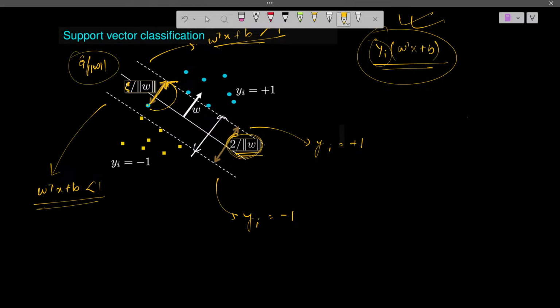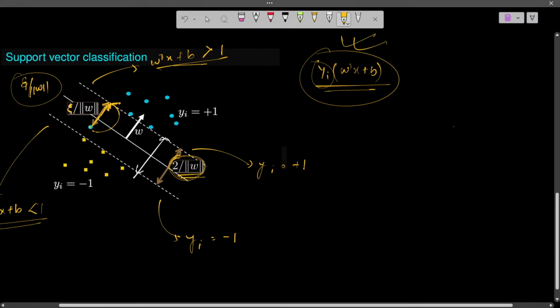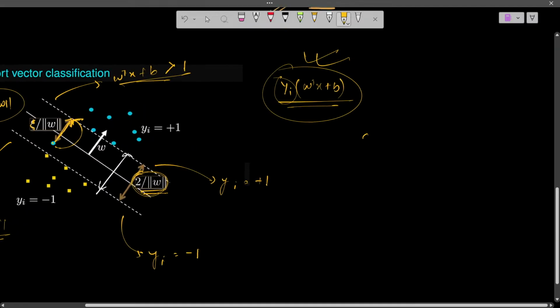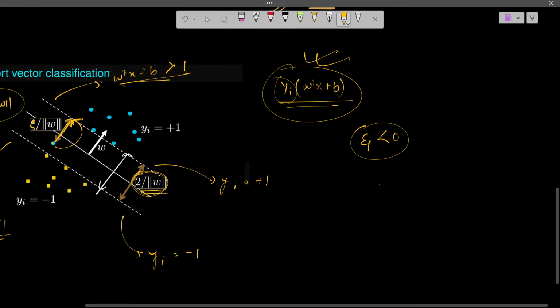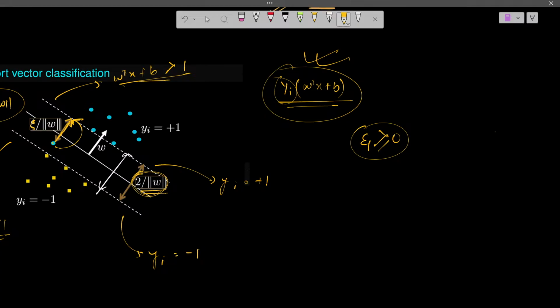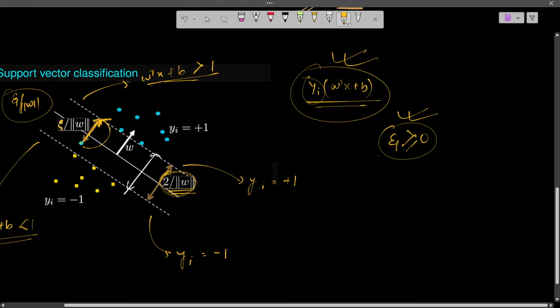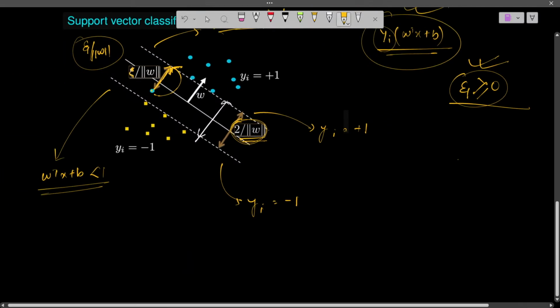Or if we don't need the exact distance, the slack is either 0 or greater than 0, it cannot be less than 0, so we generally take only this xi. In that case, we don't need to divide by mod w.